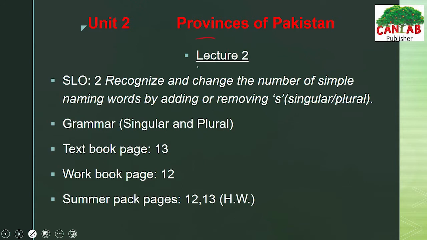Lecture number 2, as you can see on the screen, I'm going to read out the SLO: recognize and change the number of simple naming words by adding or removing S, called singular or plural. The topic in the textbook is in the grammar section, singular and plural.